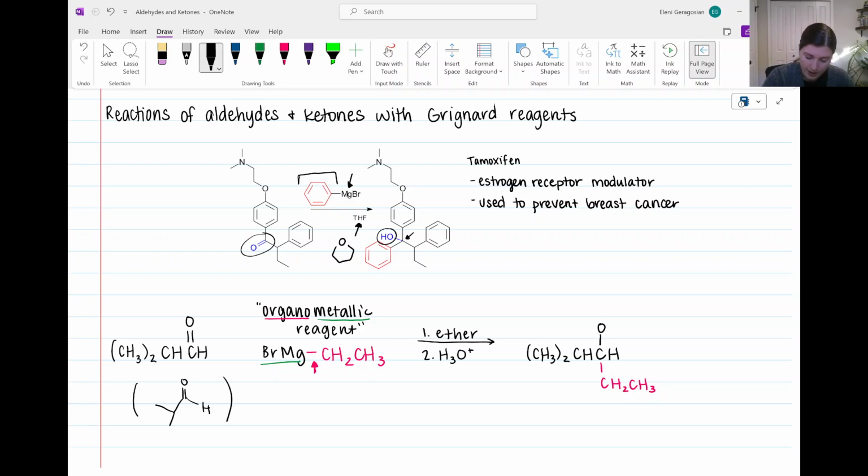And then the carbonyl oxygen is now an alcohol group, and this hydrogen for the alcohol comes from the acid in the second step.